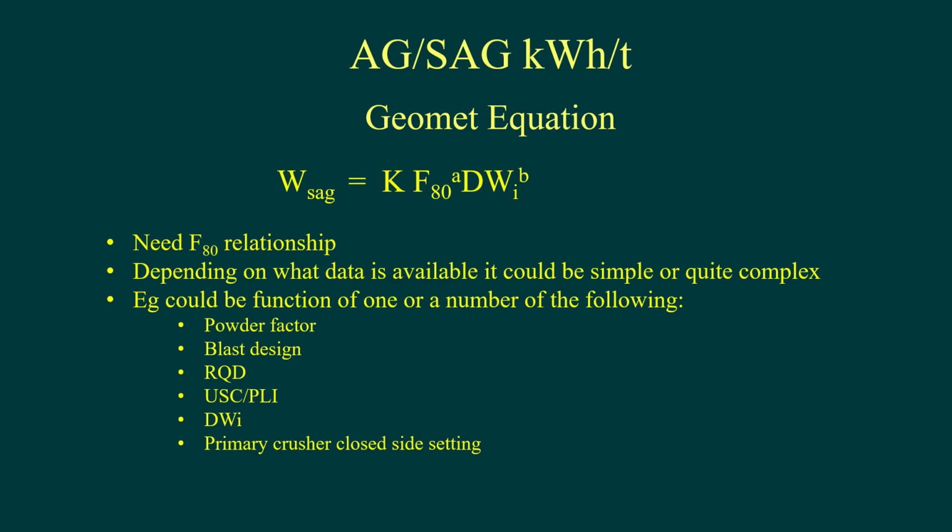Now, this particular circuit I was working with, the speed was fixed, the ball load just about was fixed, it was kept as best they could at round about 15%, and the aspect ratio, of course, I knew from the measurements of the mill. So the previous design equation, three of those terms basically could be knocked out and reduced to this equation here, which basically says that the specific energy of the SAG mill is simply a function of the feed size, in this case the F80, and the hardness.